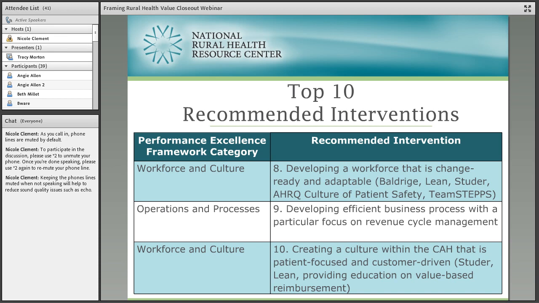So we're actually doing lean training too, but Studer we found, at least for us, to be a package that impacted leadership, culture change, providing service, quality. So just for us, the way that we were viewing it, and the people that we were working with on it, we looked at a number, and Studer just seemed like the one that would work.